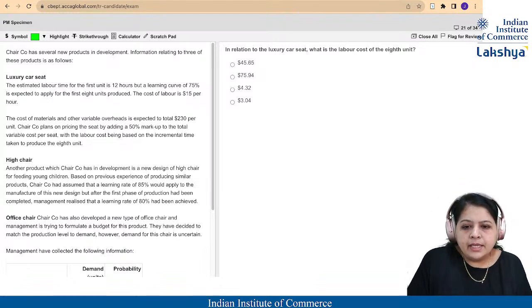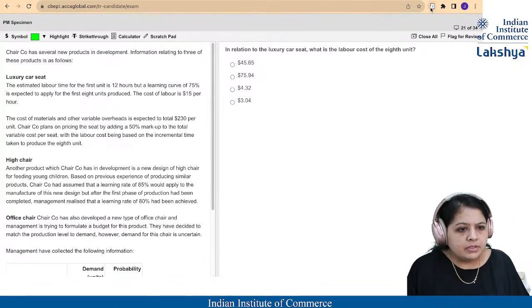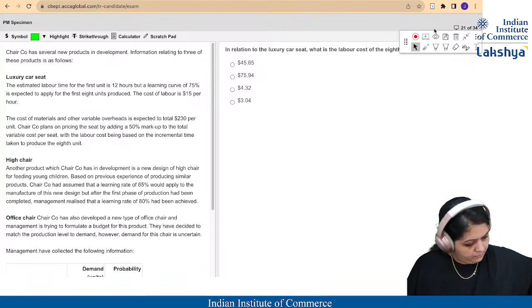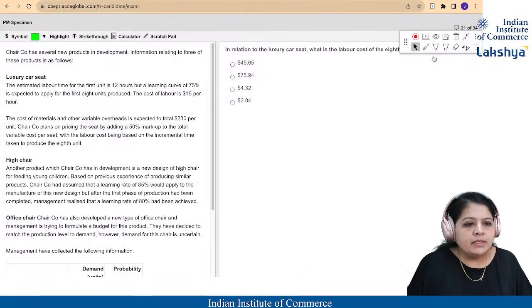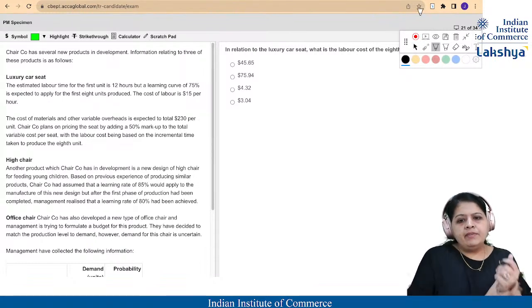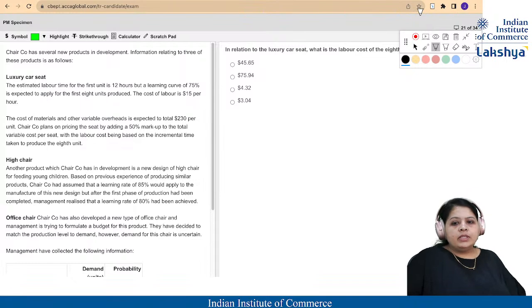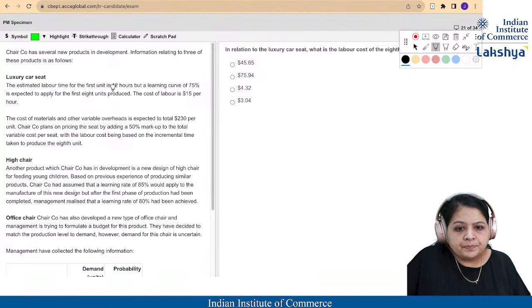So there are three products that the company is making. The first one is called the luxury car seat. The estimated labor time for the first unit is 12 hours. Learning curve is 75%. Expected for the eighth hour.